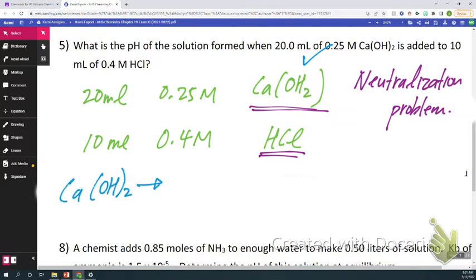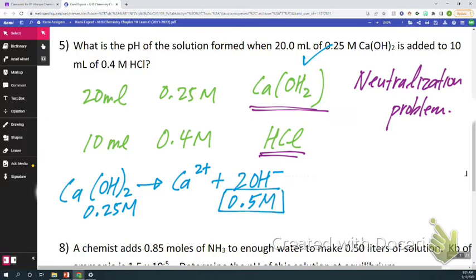Ca(OH)2 is going to create Ca2 plus, but 2 OH minuses. So the concentration, like 0.25 molarity, I believe it's going to end up being 0.5 molarity. Please stop me if I'm doing something wrong.